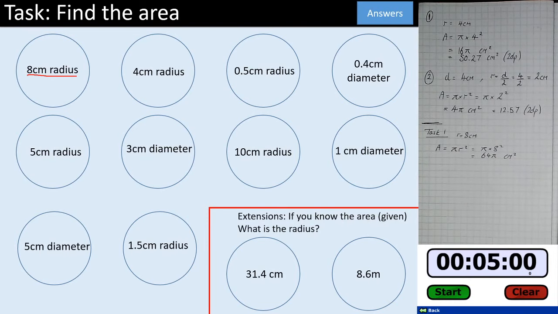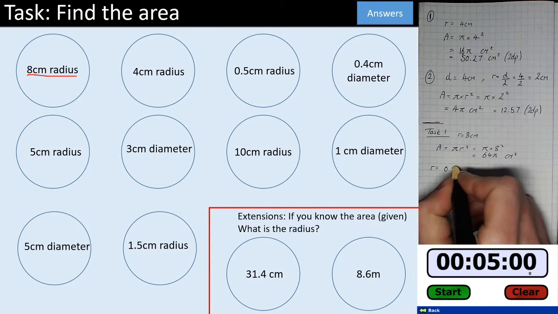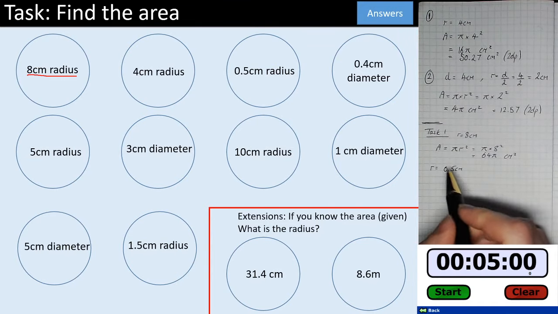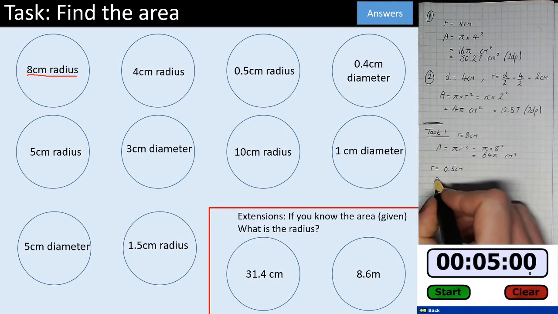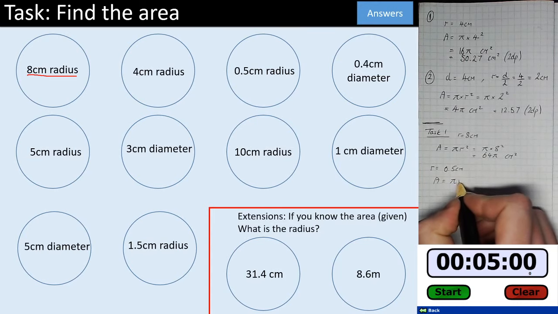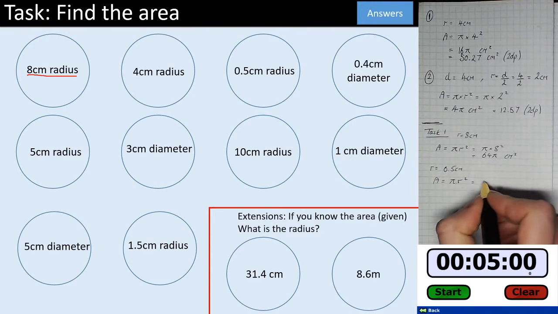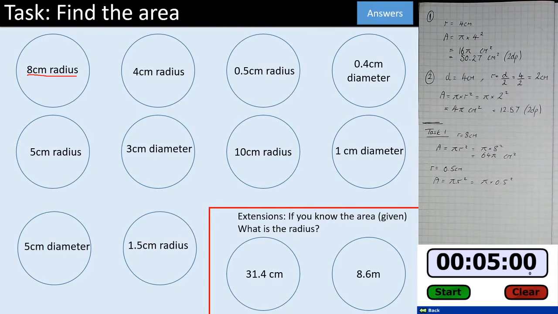Now, for one of the decimals, let's take the third one along, the one that says a radius of 0.5 centimeters. With this one, we still use the same formula. So area is still going to be pi times radius squared. And we can still write pi times 0.5 squared.